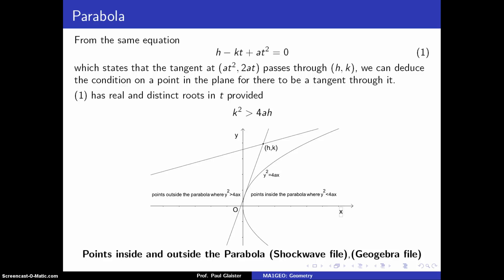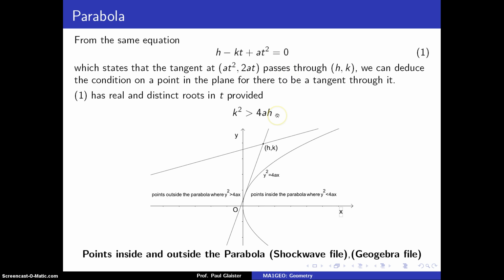Now, from that self-same expression, which was the quadratic given by equation 1, a quadratic in T, representing the two points on the parabola from which you can draw two tangents to HK, we can clearly see that if this quadratic has a discriminant greater than 0, there will be two real roots.